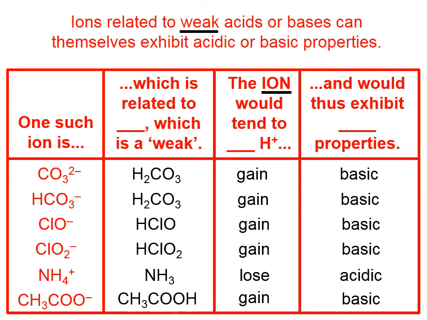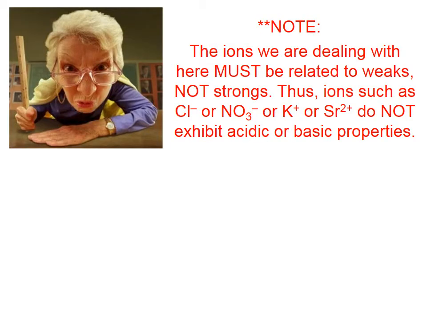What we have here are some ions, all of which are related to either a weak acid or a weak base, and we can see that those ions tend to behave like acids or bases, depending on if they want to gain or lose protons. We should note here that the ions we're dealing with here must be related to weaks, not strongs.